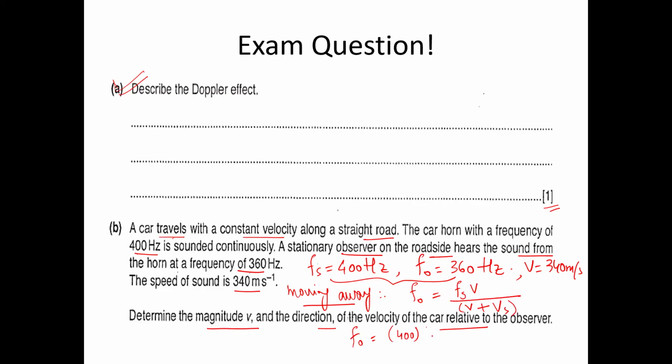What is V? 340 over 340 plus Vs. Instead of F naught, we are going to write 360. So from this we will get the value of Vs.